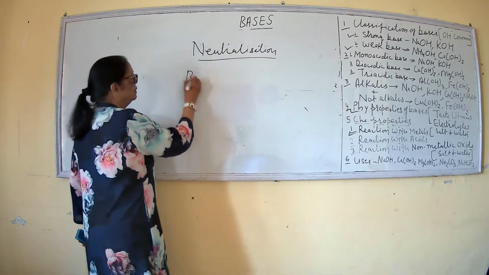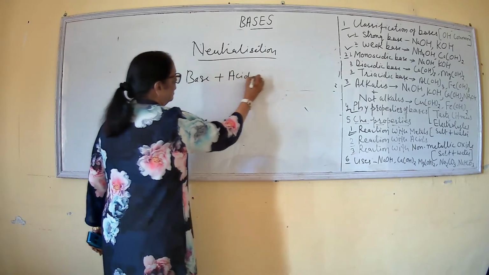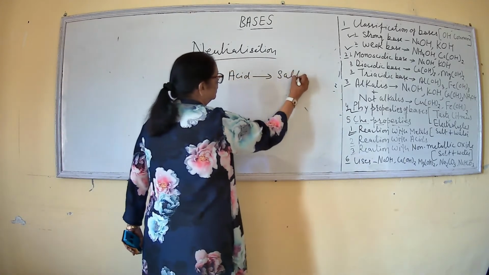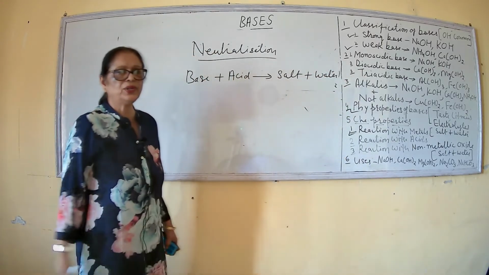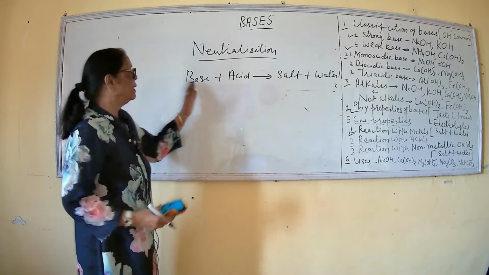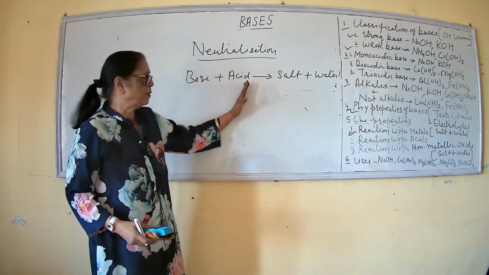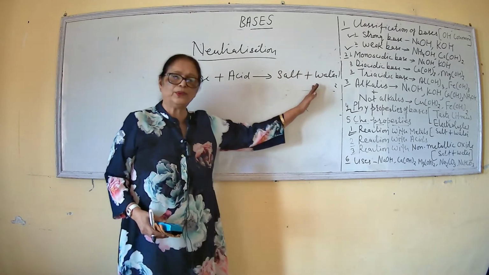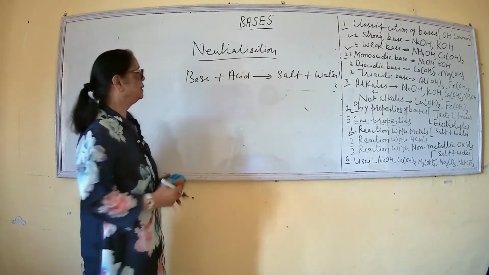Bases react with acid and form salt plus water. The whole reaction is known as neutralization reaction. Base will lose its basic properties, acid will also lose its acidic properties, and they will form two neutral compounds. That is why the whole reaction is known as neutralization reaction.